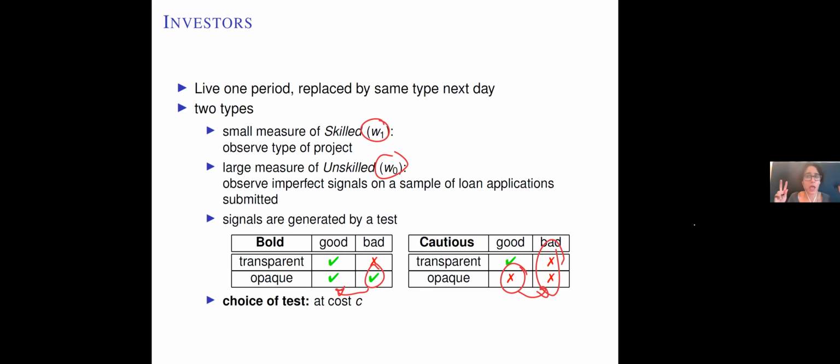This is cautious in the sense that it says, I don't want to finance any bad investments, maybe I give up on some good investments. What's important is that the degree of information asymmetry in both tests is the same. It's just the type of mistake that they make that is different. It's not that one is better or worse informed than the other.